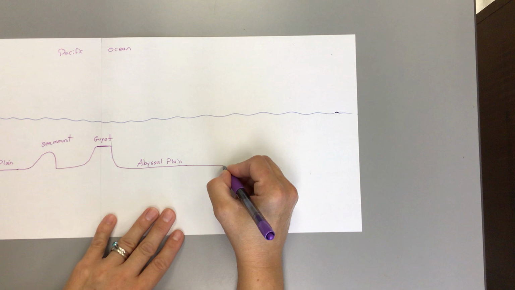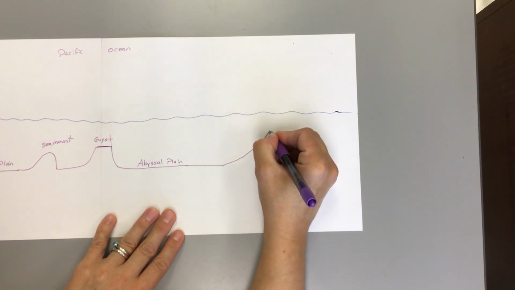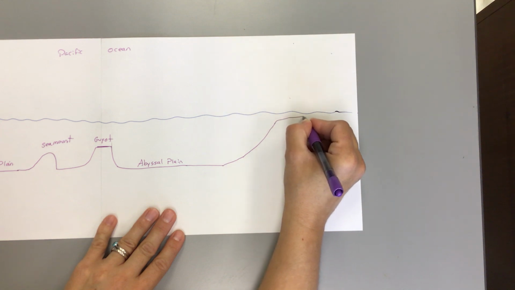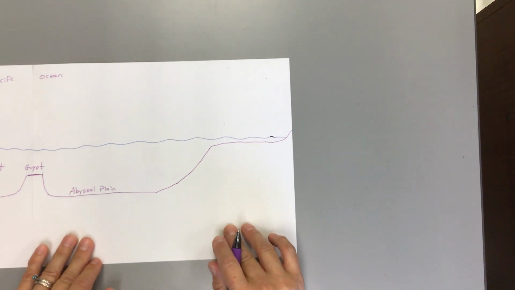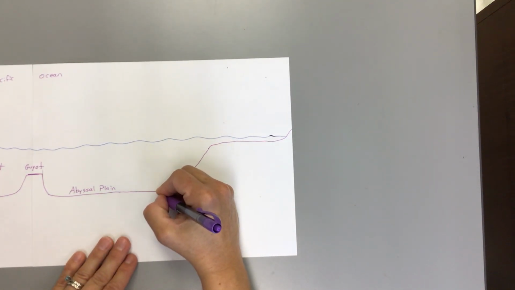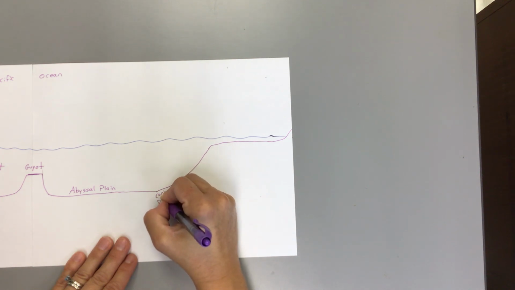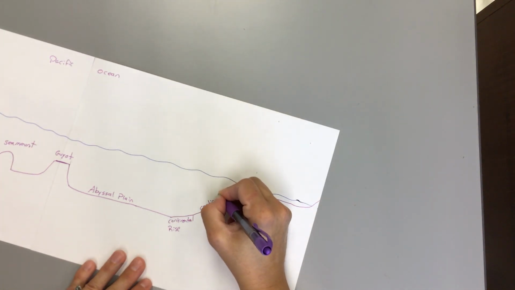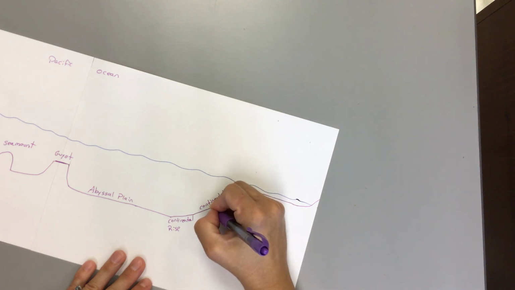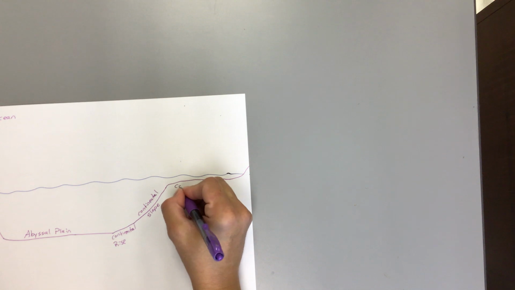And I'm going to go towards California. And then that's going to come up into land. So this would be my continental rise. Continental slope. And my continental shelf.